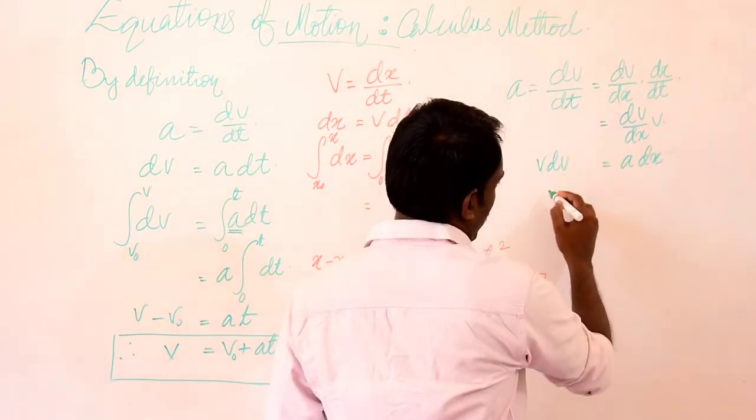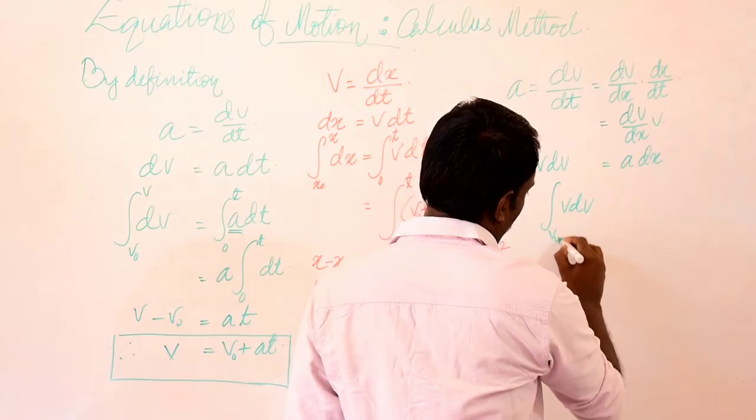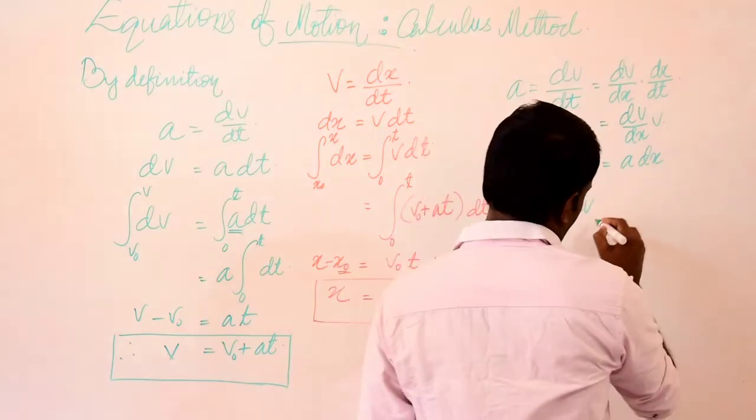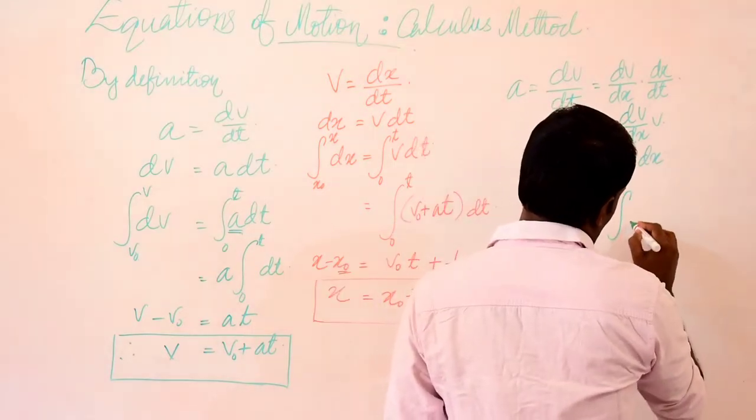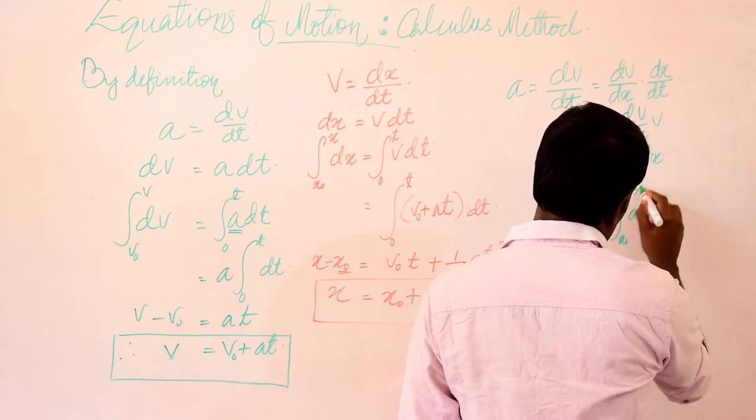Now we integrate both sides: the integral of v dv from v0 to v is equal to the integral of a dx from x0 to x.